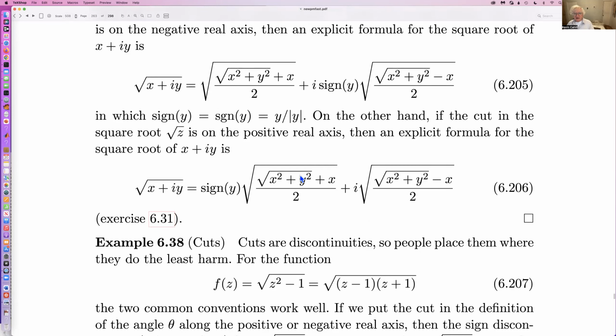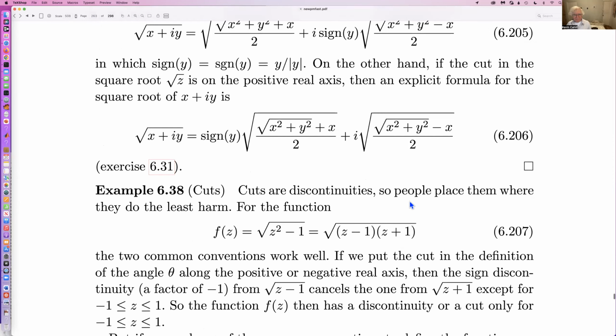On the other hand, if we put the cut on the positive real axis, so then theta goes from 0 to 2 pi and then drops down to 0 again when you cross the positive real axis, then an explicit formula has the same square roots, but the difference is that we multiply the first one by the sine of y and the second just by i.